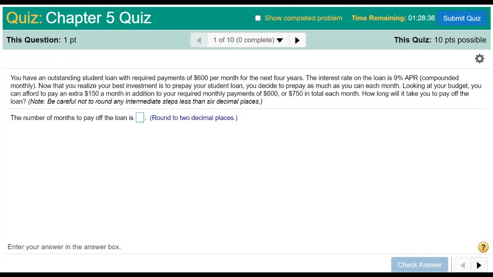Payment is $600. Compute for future value. Present value is 0. What do you get?